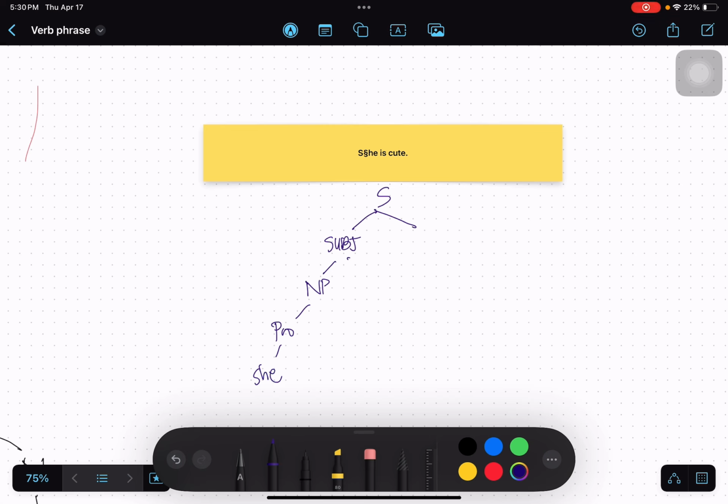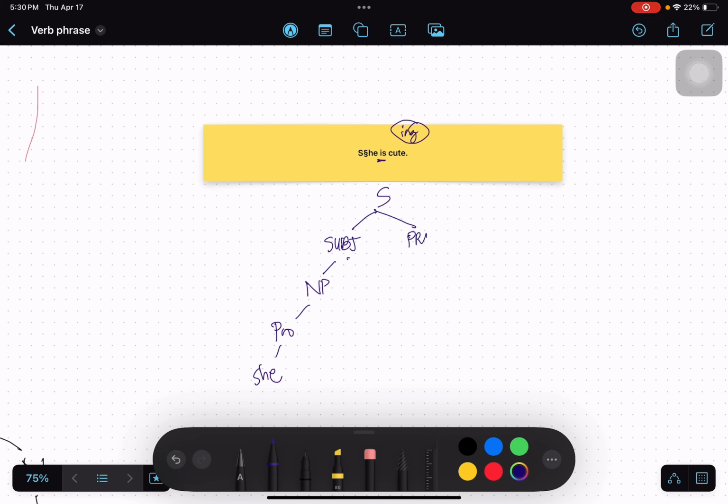Then, of course, is cute. We can see that it already has the word "is," and that is a copula verb or a be verb. So, remember, it's not a progressive tense because there is no "-ing" beside it. So, be wary of that. So, "is cute," it's just a copula verb.